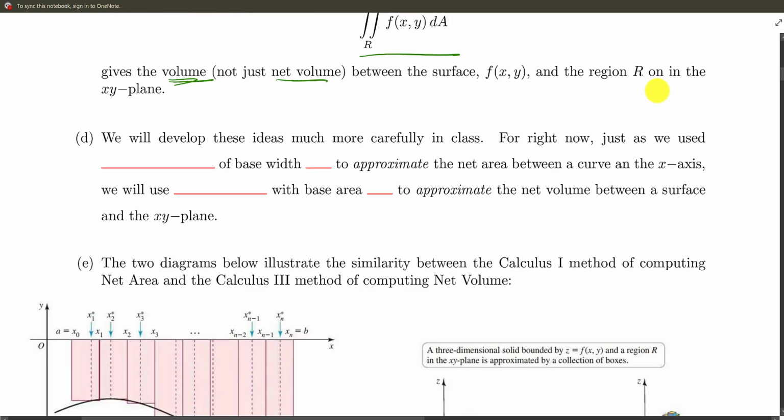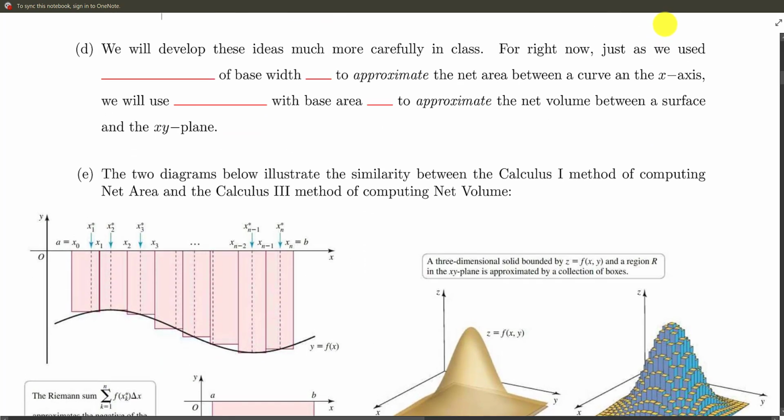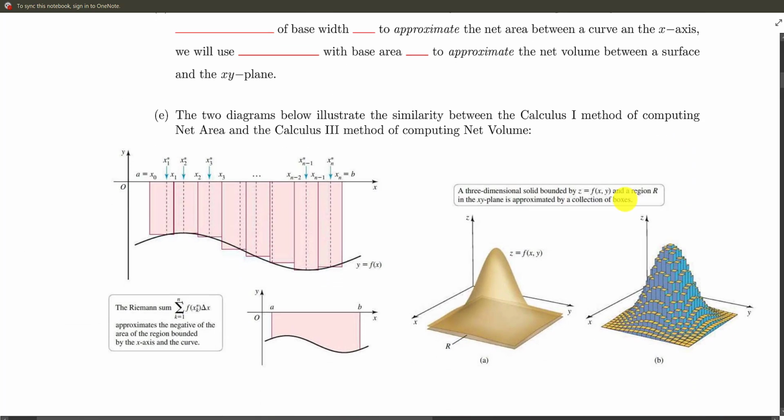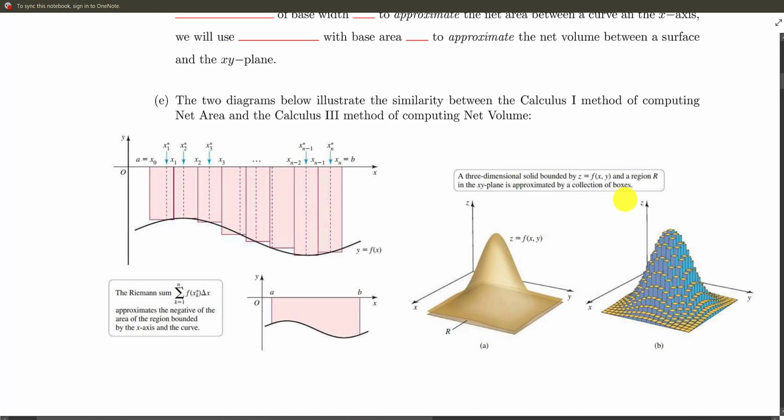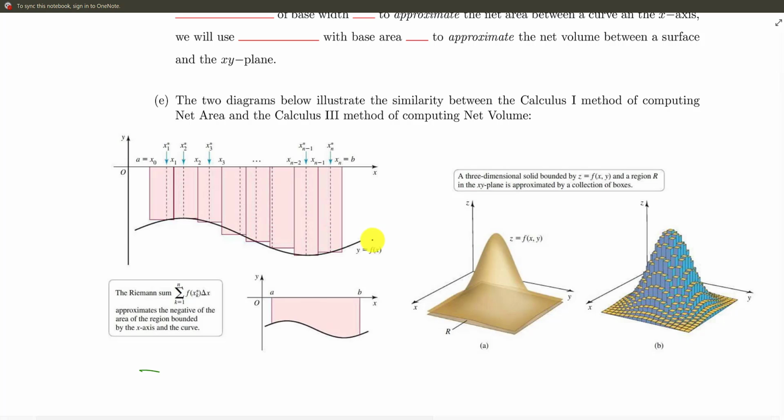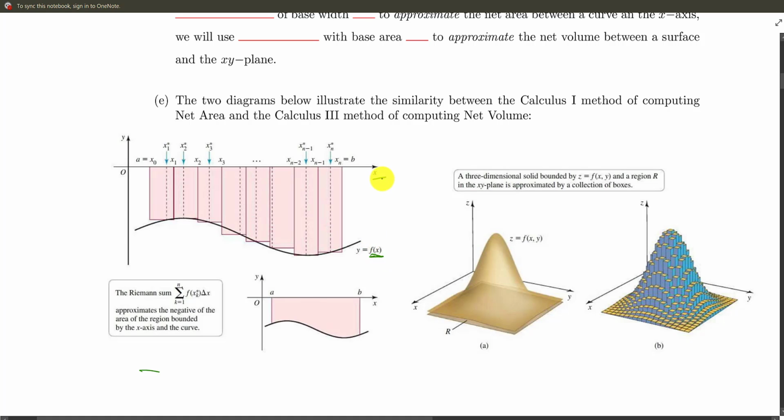Okay. So we're going to develop all these ideas much more carefully, but I just want to look at this picture, this visualization of what's going on here. So this was our strategy on the left-hand side here. This was our strategy in Calc 1, where we're trying to compute, in this case, the net area between this curve f of x and the x-axis. And so we have our two limits of integration, x equals a, x equals b. And so we're trying to compute this area right here.